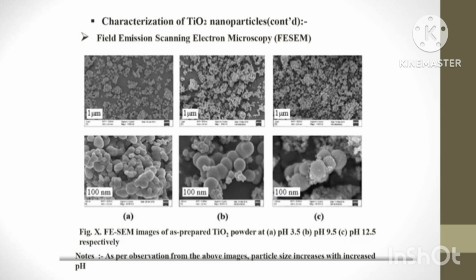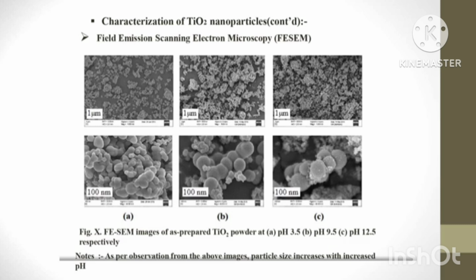So in notes I have written, as I told you earlier, you can add one or two sentences in your notes: as per observation from the above images, particle size increases with increased pH. So what is my result? What is the conclusion? That particle size increases.